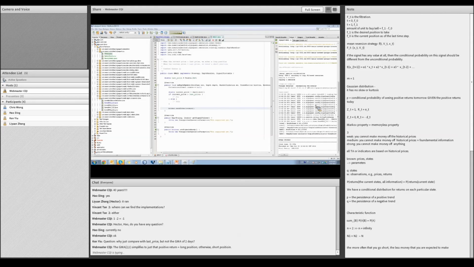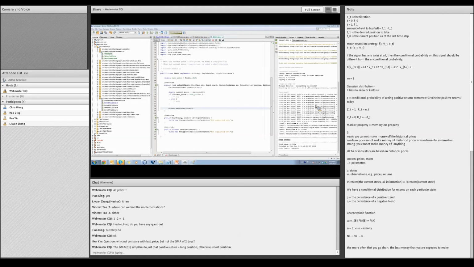We use this as an example not because the strategy works or makes money, but because it is the simplest to analyze and to implement. So we use it as an example for educational purposes.